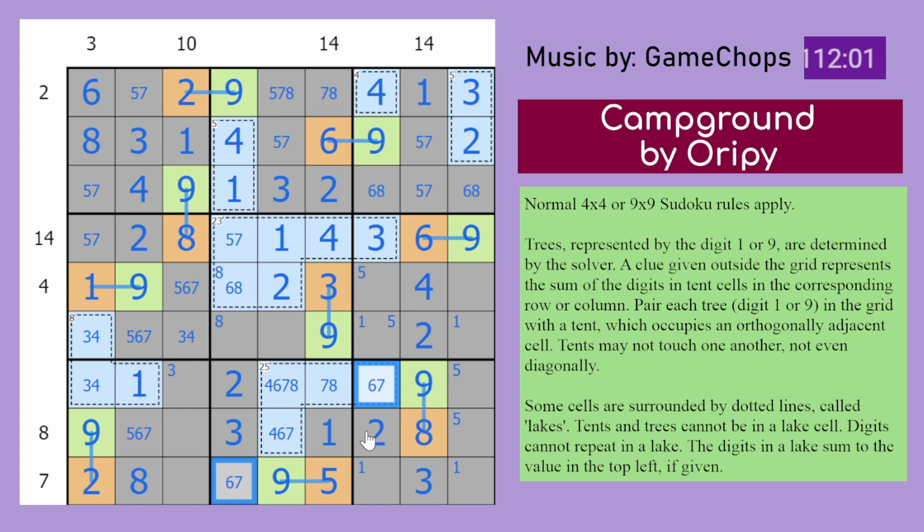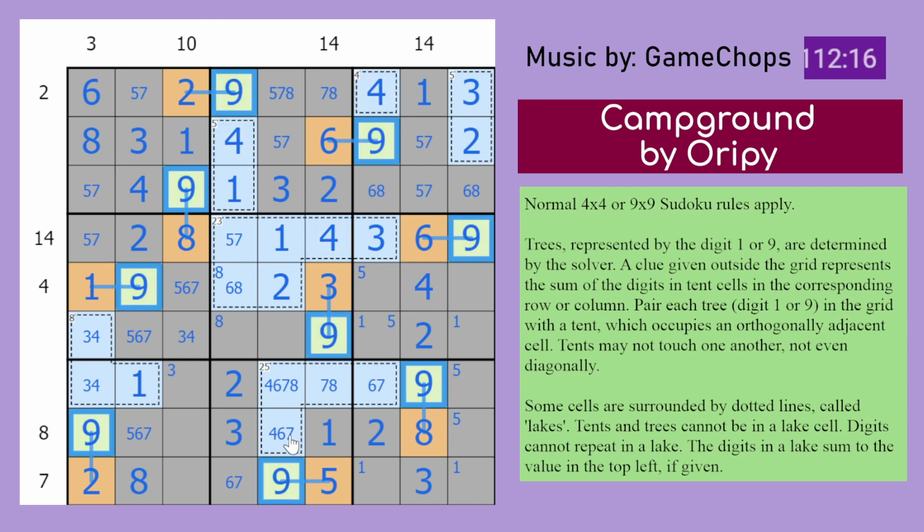Those digits are the same, so stare into those cells. Have we done all the 9s we have? Yeah, 9s were the trees. They were done very easily.